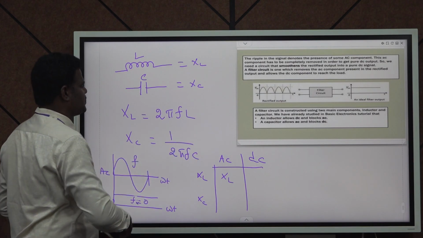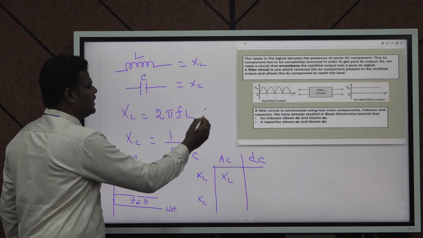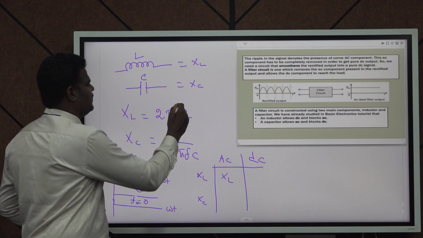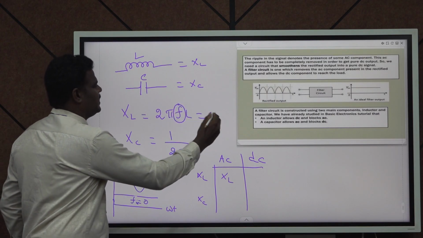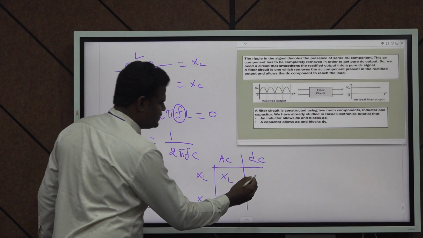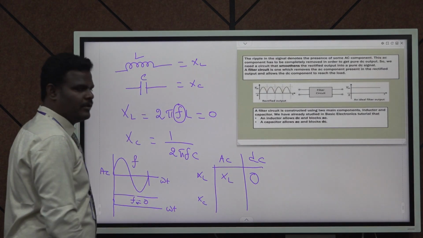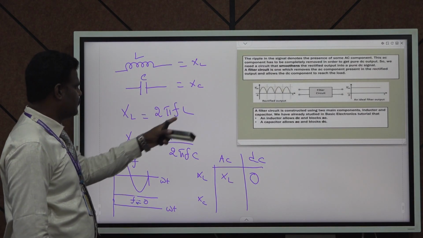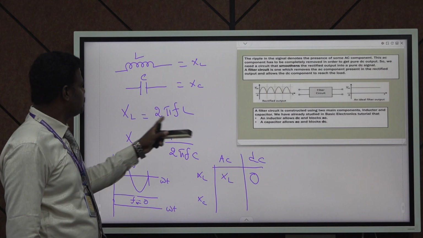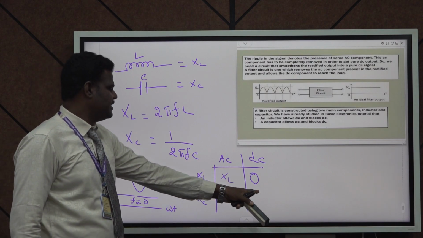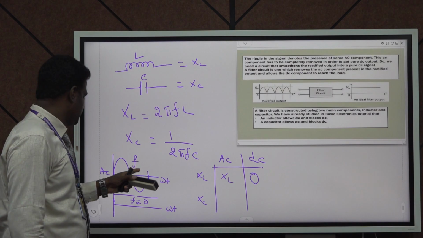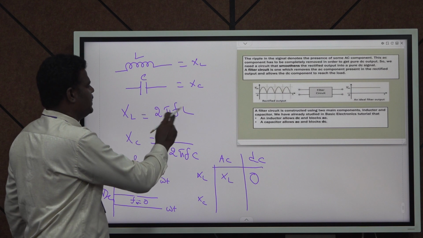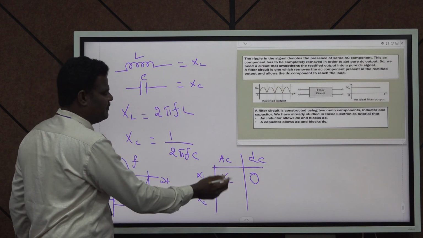Therefore, for the inductive reactance, substituting F equal to 0, we get an output of 0. So for a DC circuit, the XL value is 0. In DC, we don't have any frequency, so substituting F equal to 0, we get XL equal to 0. For an AC circuit, we have a frequency value, so we substitute it and get the XL value.